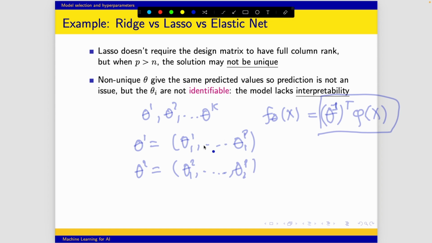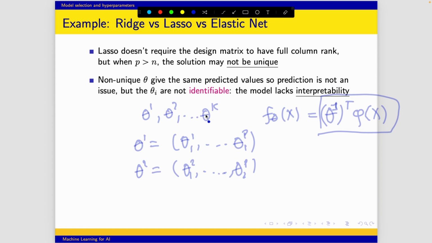The components here are completely different. Now, both of these lead to the same predictions. So does it matter? Well, from that point of view, no. If somebody comes to you and says, predict for me the output for this x, you can give the prediction with either this or any of these others. So that's not an issue.